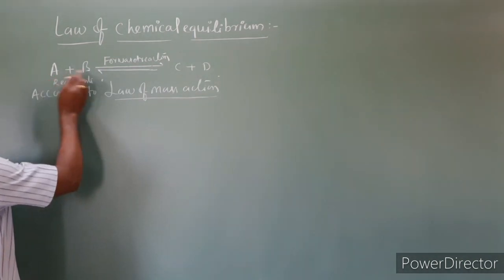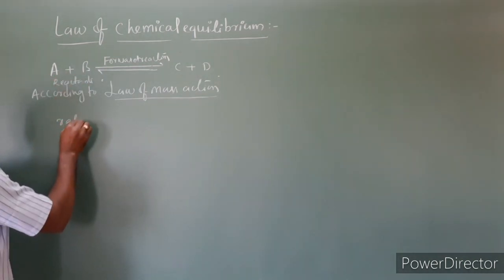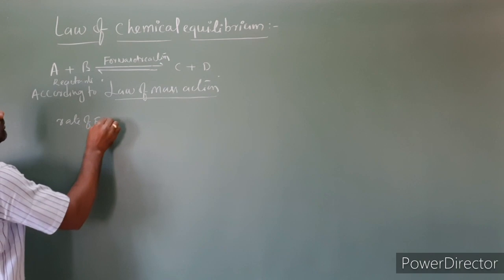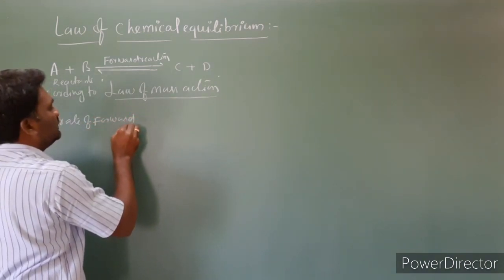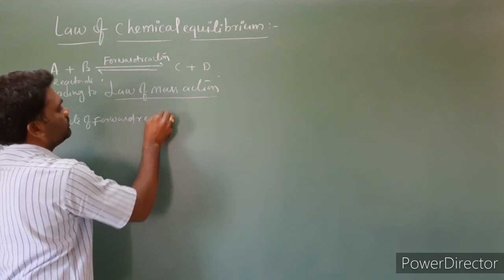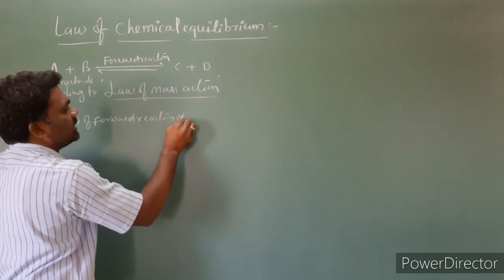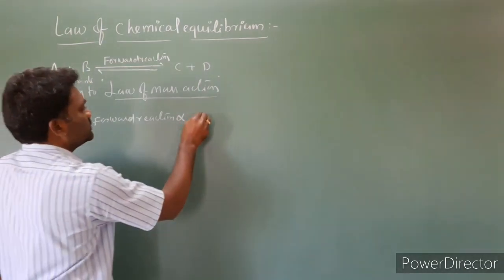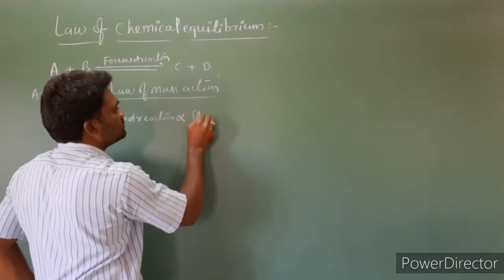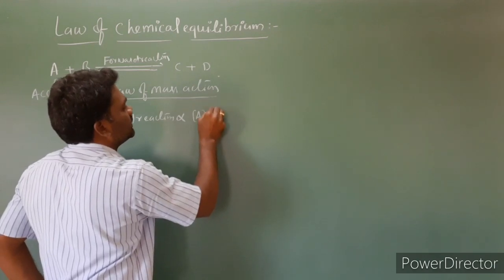What are the reactants? A and B. So the rate of forward reaction is directly proportional to the concentrations of reactants, so A concentration and B concentration.